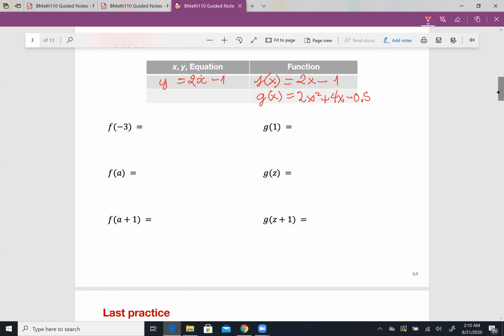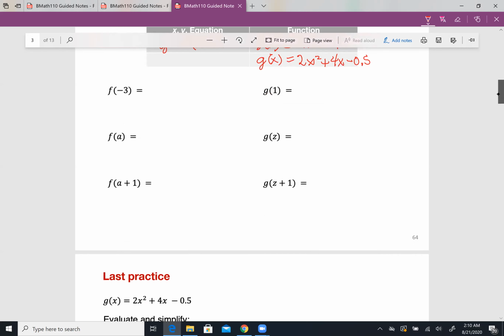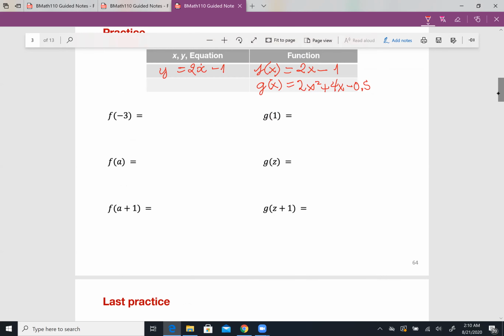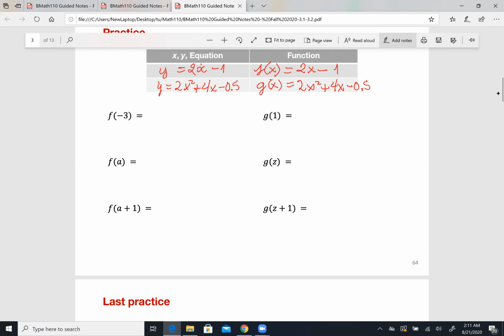So let me make sure everything is correct. Okay. So now I have y equal to 2x squared plus 4x minus 0.5.